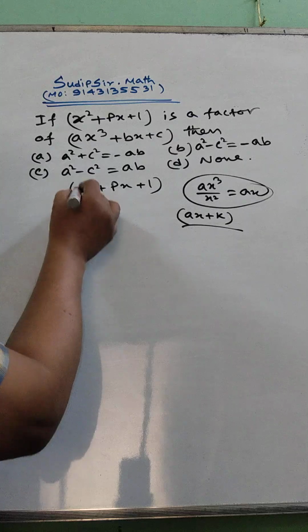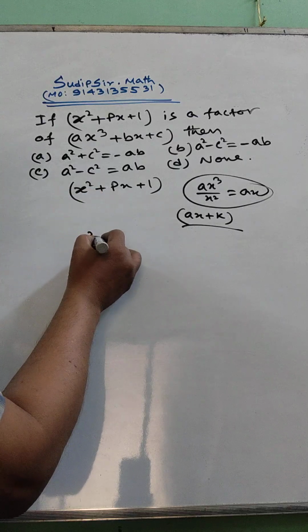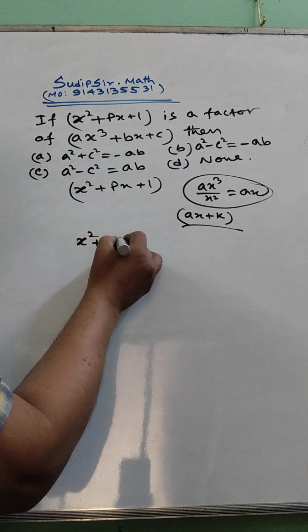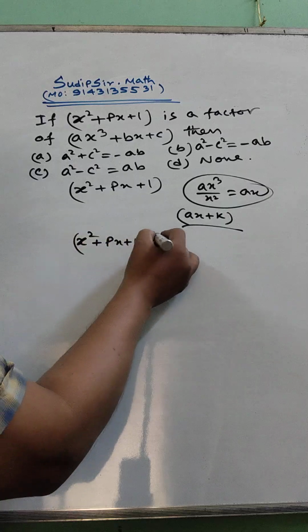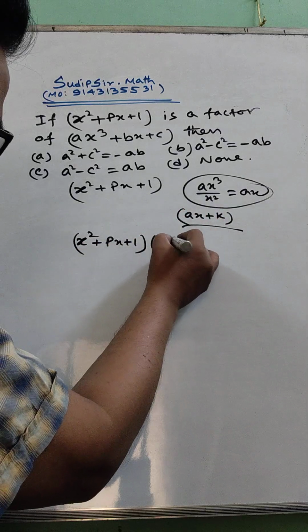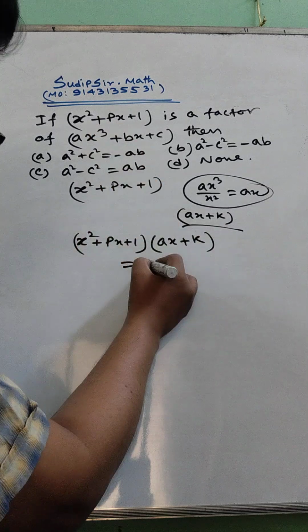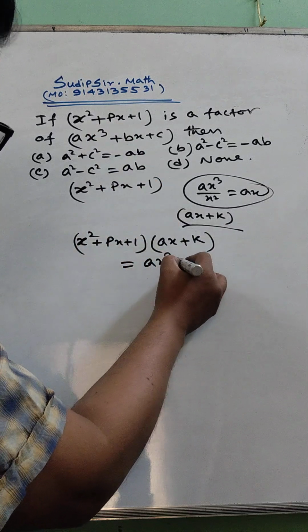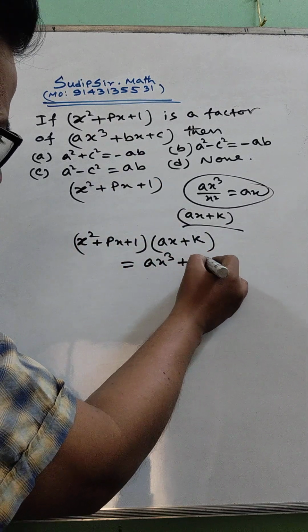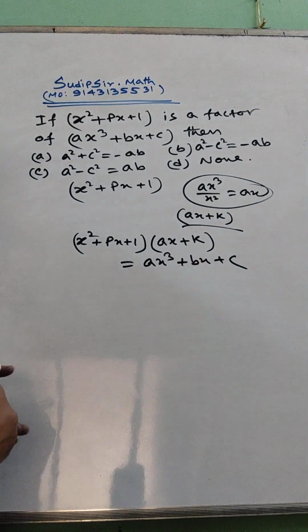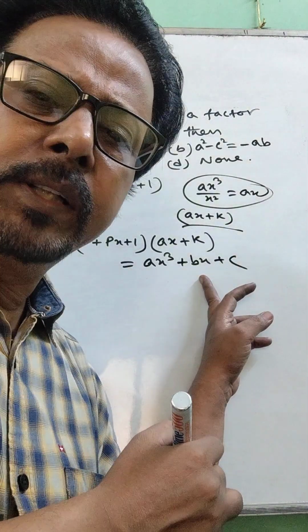If we multiply x square plus px plus 1 with this linear factor ax plus k, then we will get ax cube plus bx plus c, because this is a cubic equation.